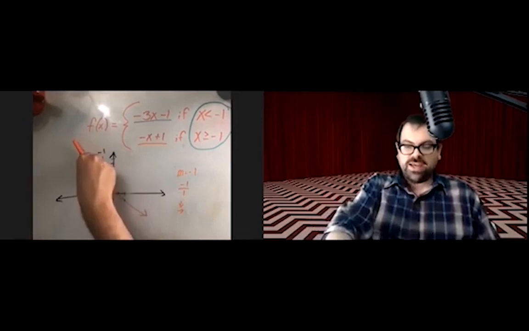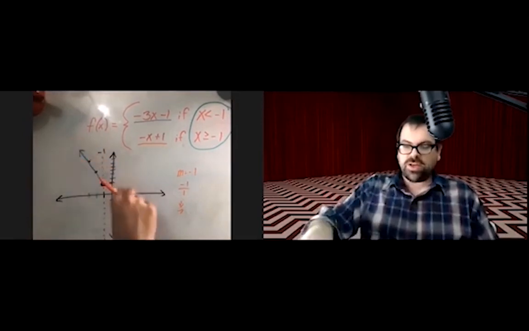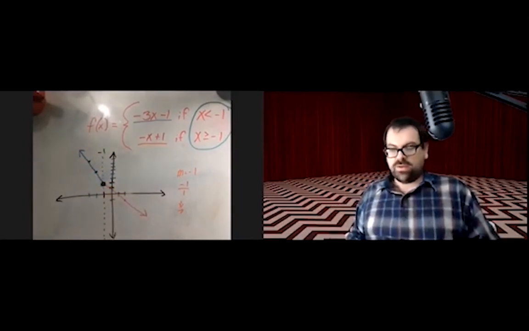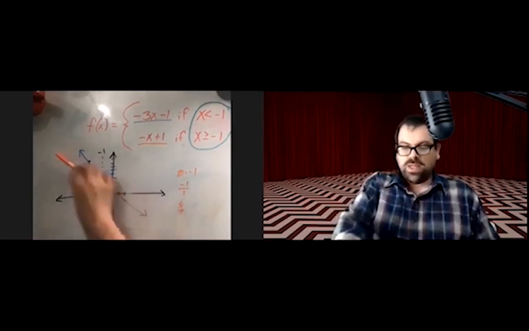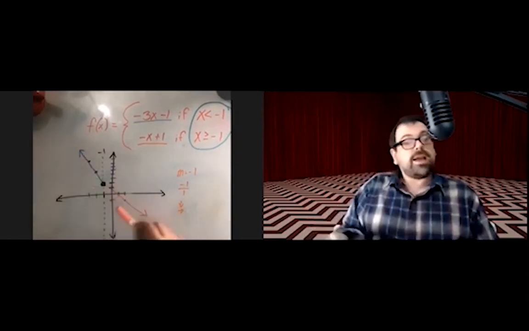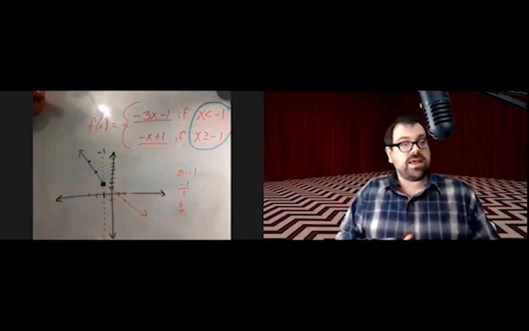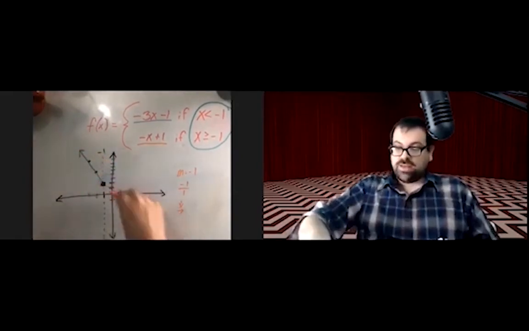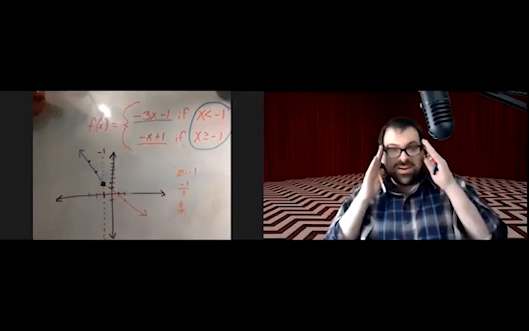So we have a slope of negative 3 until we hit this barrier, and then it changes to the one that has the slope of negative 1. But if it was the whole line, it would just keep going. We don't care about the stuff to the left. This is not a straight line. This isn't one of my drawings that went awry.